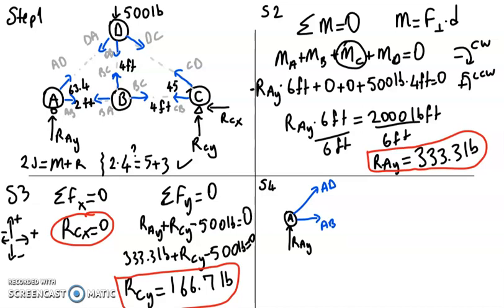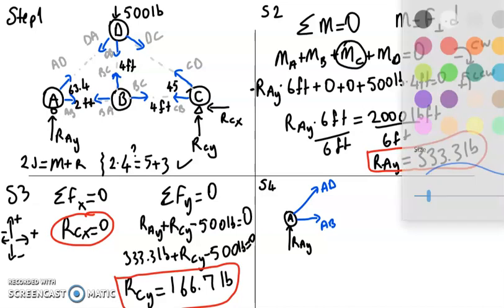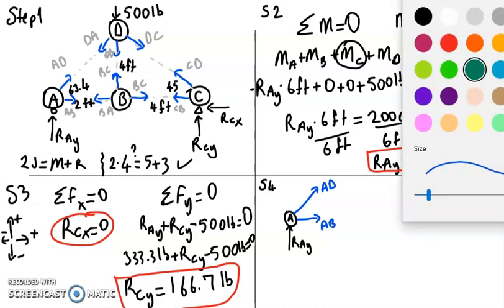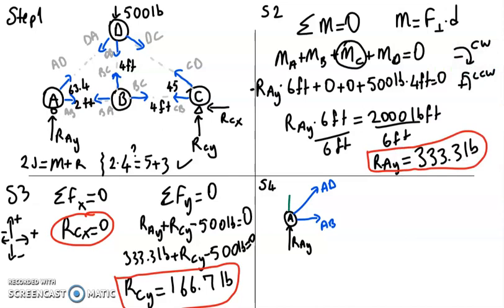Okay, so right now let's write the components: this is ADY, and this is ADX. Now I will try to find the unknown. RAY is 166.7 pounds.